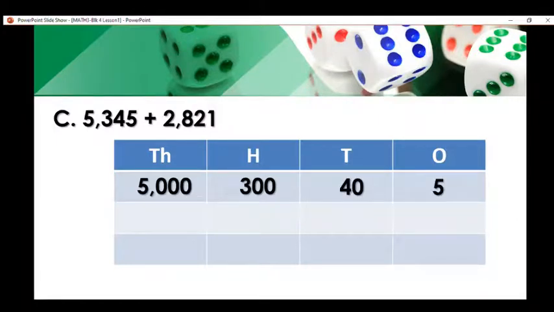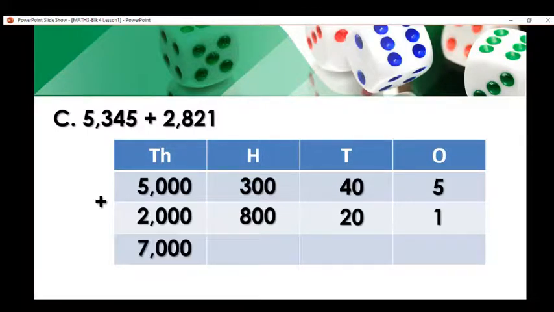The second addend would be 2,821. So we will add them.